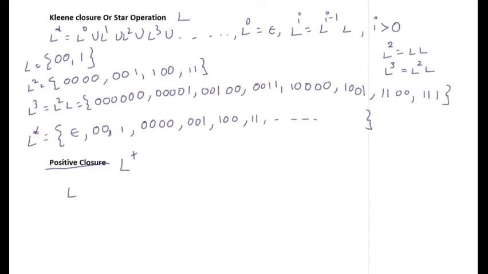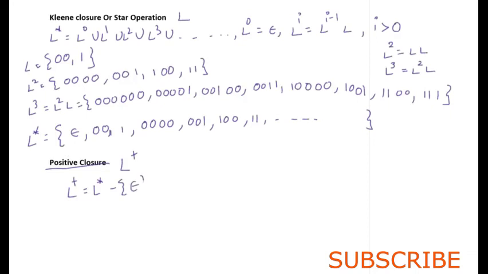That can be written as L power plus is equal to L power star, that is Kleene closure minus epsilon. In another way, we can write it as L power star is equal to L power plus union epsilon. That means the zero length string does not belong to the language L plus, that is positive closure.